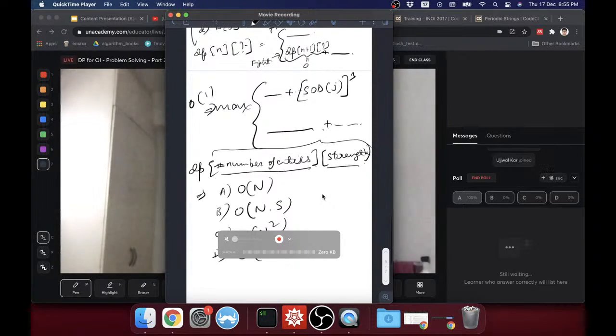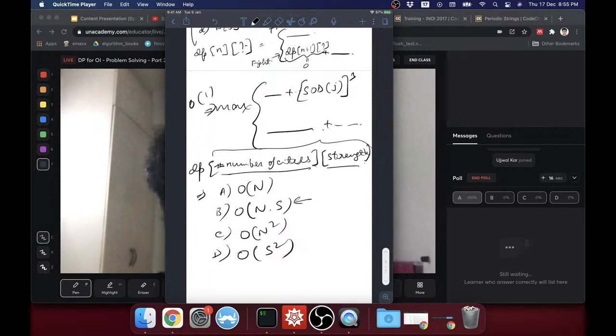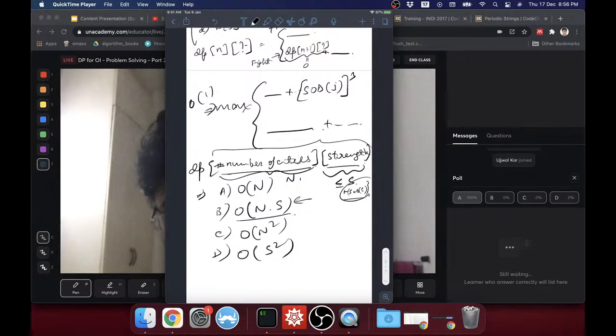So well, the actual answer is n times s, not order n. Reason being that this comes out to be n and this comes out to be less than or equal to s, something around s. Basically you might add some sum of digits of s each time cubed, which will increase it slightly each time, but that won't be big.